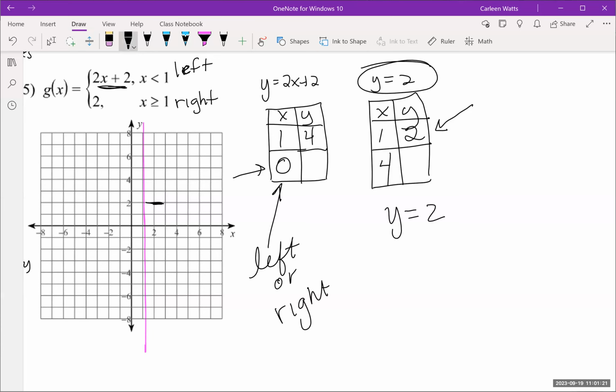You can pick any number you want. Good question. Now, you know I love picking 0. Any number to the right is fine for the second one. Any number to the left is fine for the first one, but I love plugging in 0. Good. You just clarified for multiple people, not just yourself.